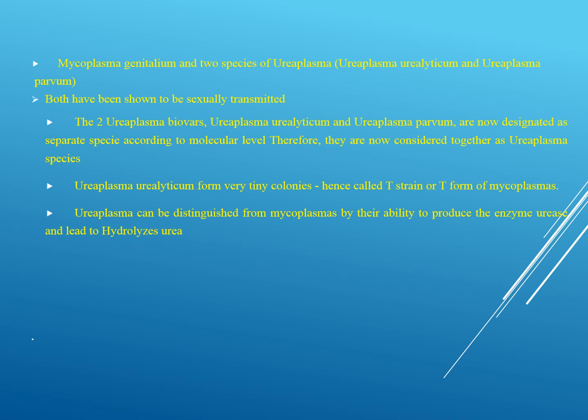For this reason, these bacteria are considered together as Ureaplasma species, while Ureaplasma urealyticum forms very tiny colonies, hence called T strain or T form of mycoplasma. Ureaplasma can be distinguished from other species by their ability to produce urease enzyme.